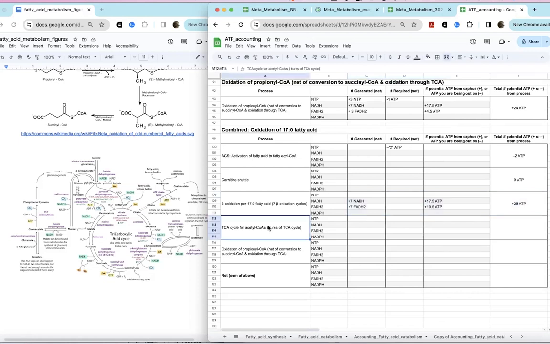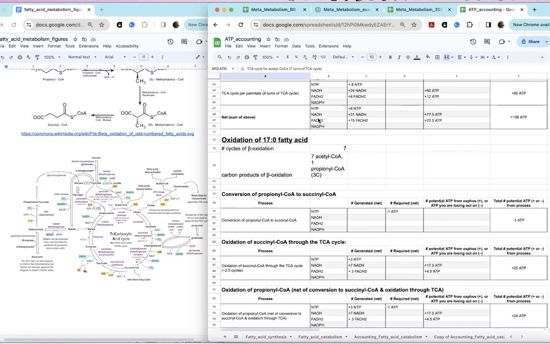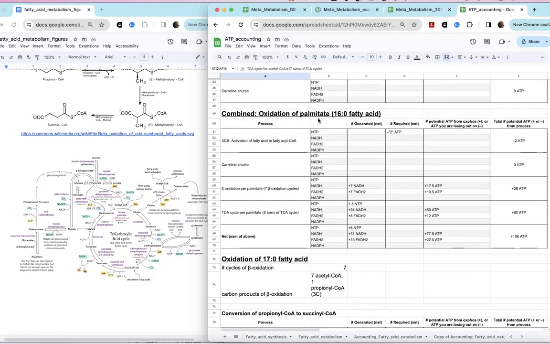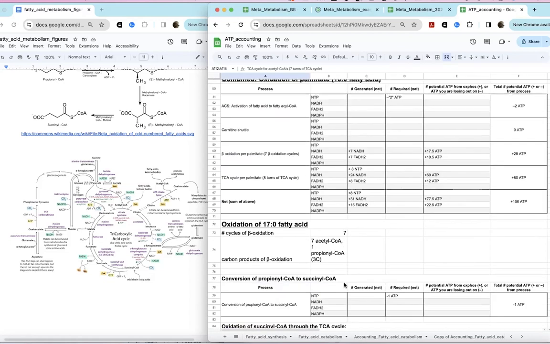Now the citric acid cycle. For the acetyl-CoAs, how many turns of the cycle are we going to have? In this case, we had 7 acetyl-CoAs and then the 1 propionyl-CoA. Before, we saw that if we wanted to do palmitate, we were going to have 7 beta oxidation cycles, and that would give us 8 acetyl-CoA. Here we have 7 beta oxidation cycles.